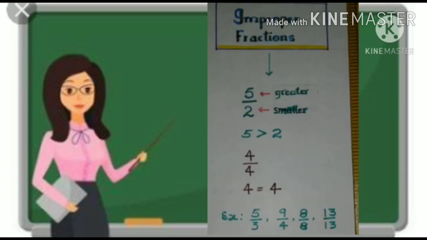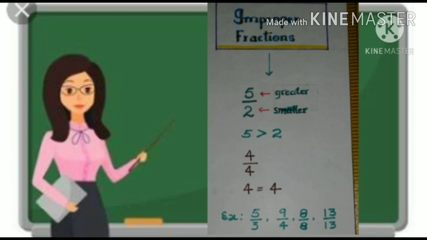Improper fraction. A fraction in which the numerator is greater than or equal to the denominator is called an improper fraction. Look at the fraction 5/2. Here 5 is greater than 2. That is, the numerator is greater than the denominator. So, it is an improper fraction.